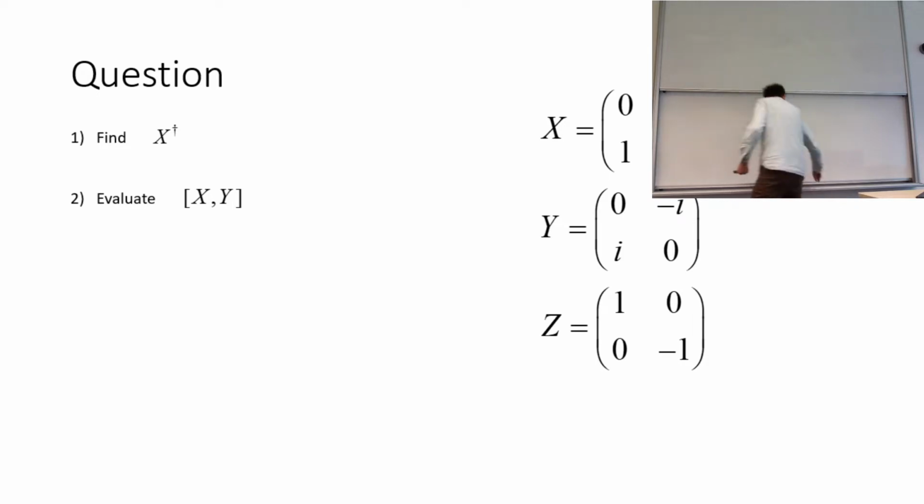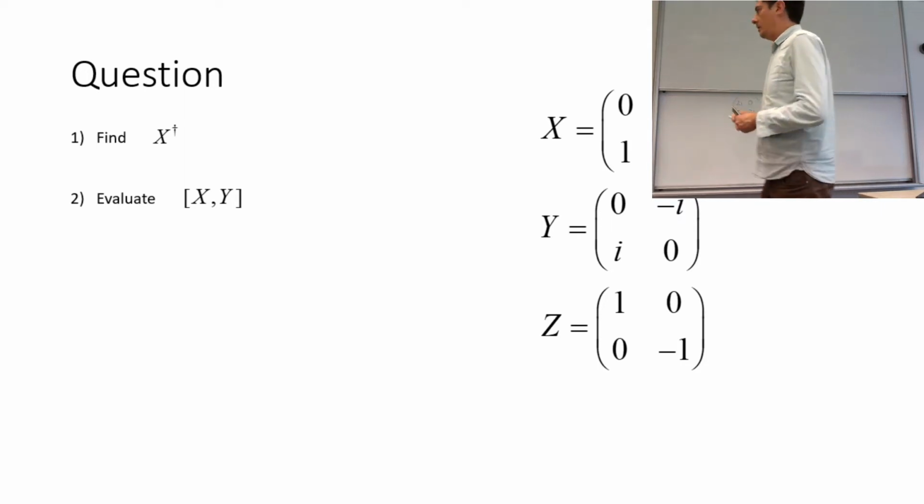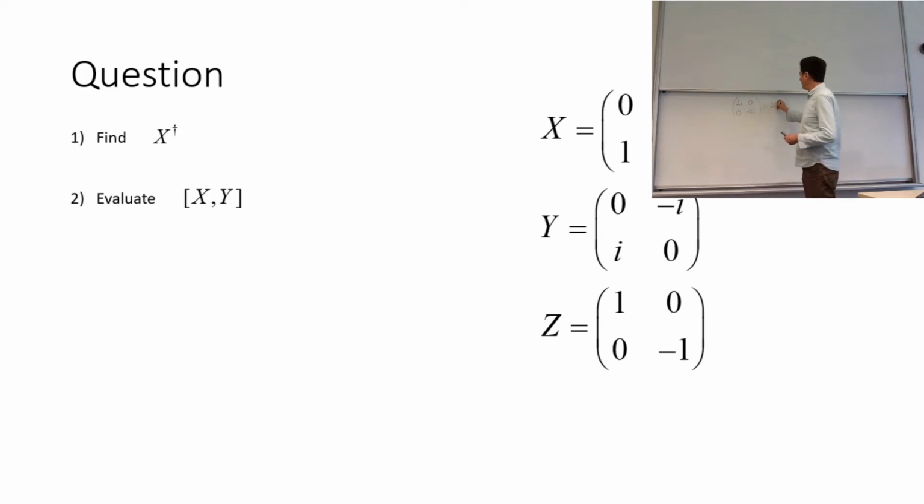So let's see, 2i, 0, minus 2i. Yes, I think that's correct. In fact, you could factorize the 2i out to be 1, 0, 0, minus 1. In fact, this thing is z.